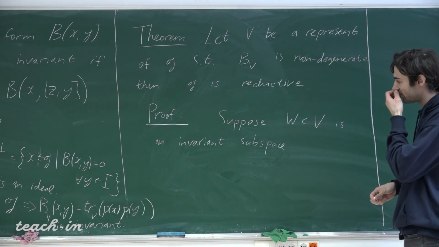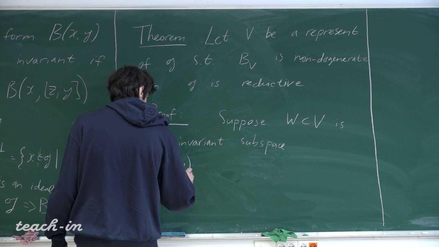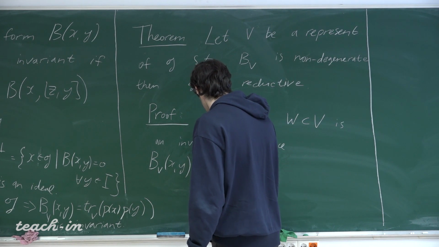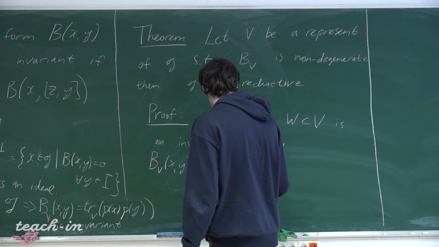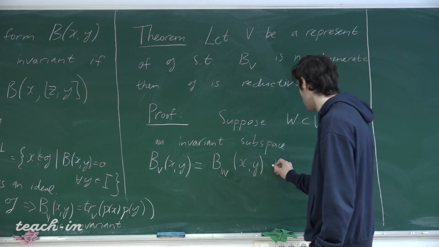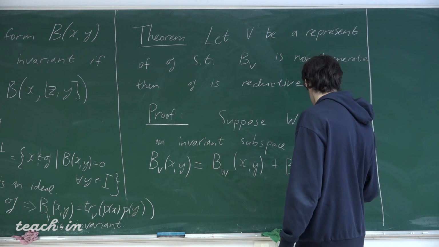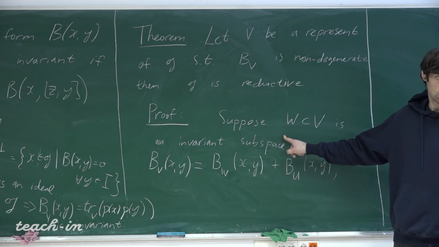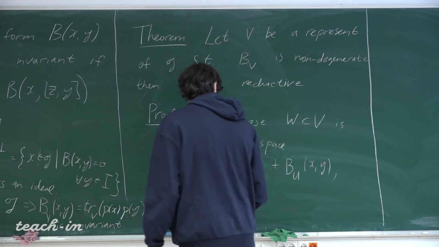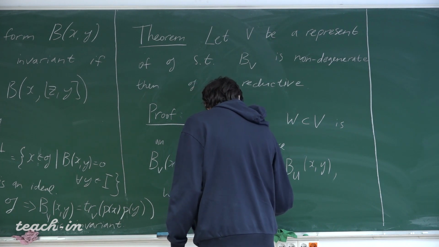Then I claim that B_V of x, y is the sum of B_W of x, y and B_U of x, y, where U is the quotient of V by W. It's also a representation, right?